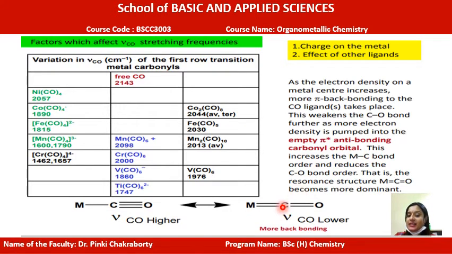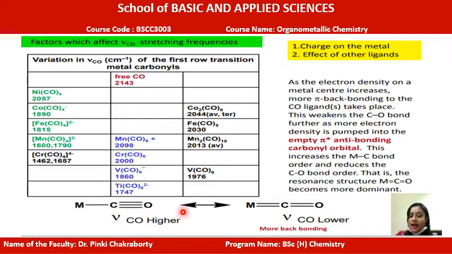This will increase the metal carbon bond strength, but decrease the carbon oxygen bond strength. Always remember, when you have more electron density, the metal has a higher tendency to donate its electrons, so between metal and carbon there could be formation of an extra bond, and that increases the strength of the bonding.